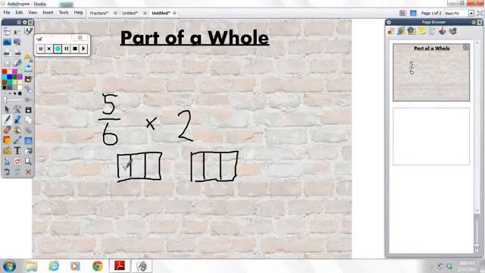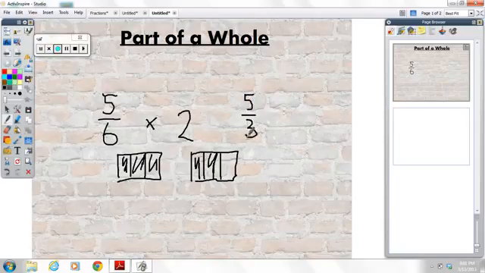Now, the question is, what is 5/6 of the 2? Well, I'm going to shade in 5 of these boxes. But these 5 boxes that I shaded in aren't really 5/6, because I divided each one of these boxes into thirds. So really, what this equals is 5/3.